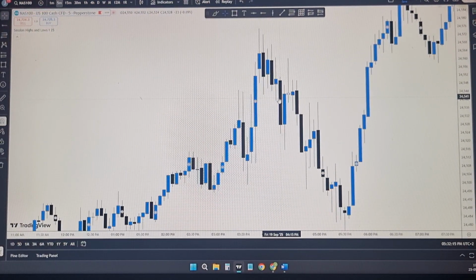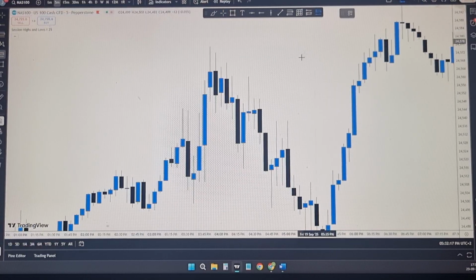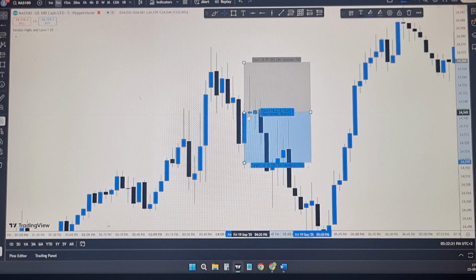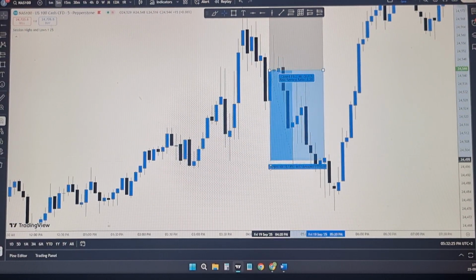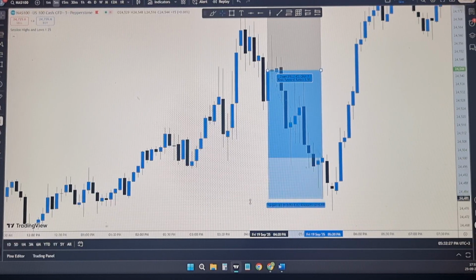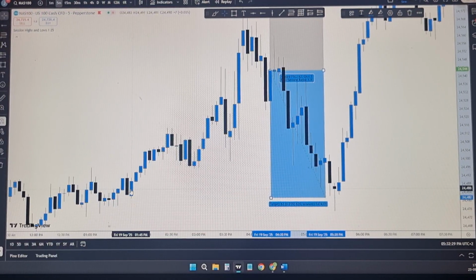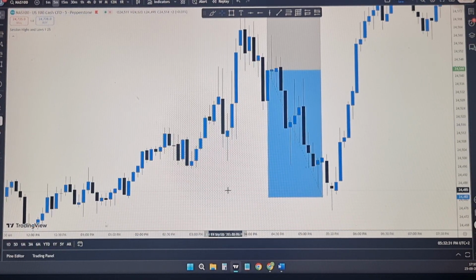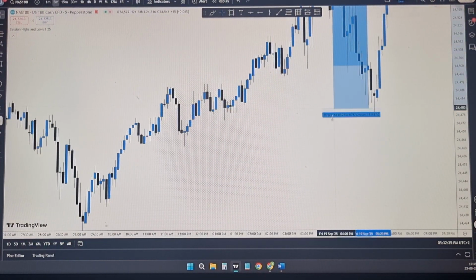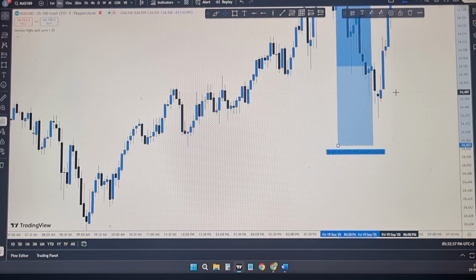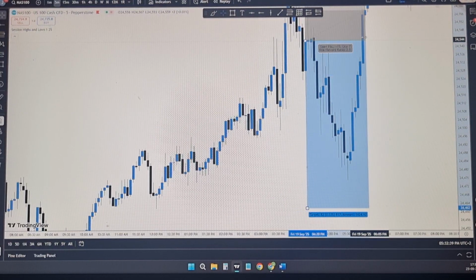So this is a trade that we took when we inversed and reversed. Let's say now you're in a trade here, targeting these lows over here. Okay, TP still hasn't been hit.